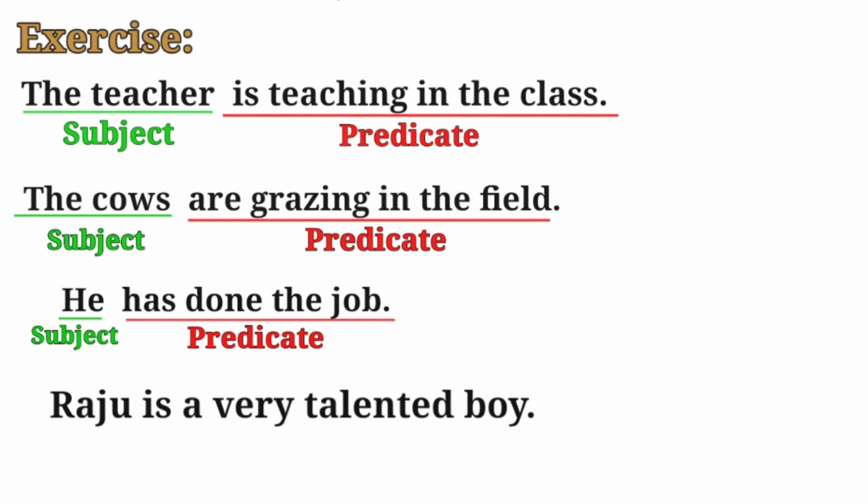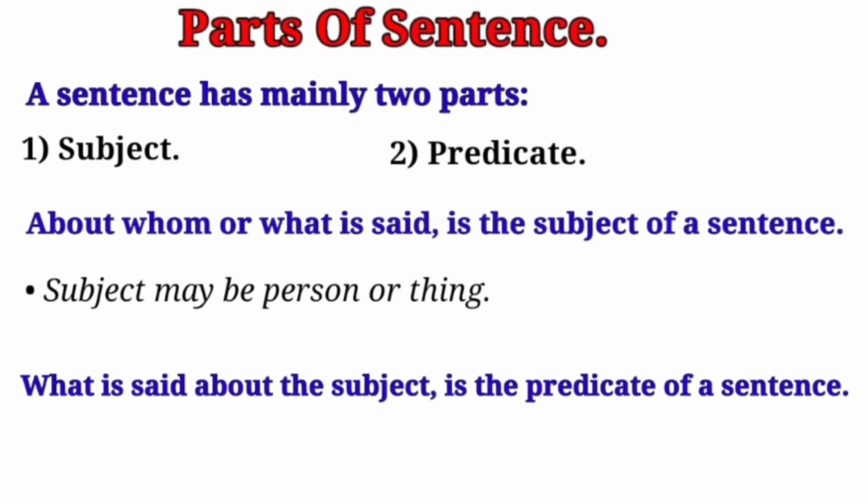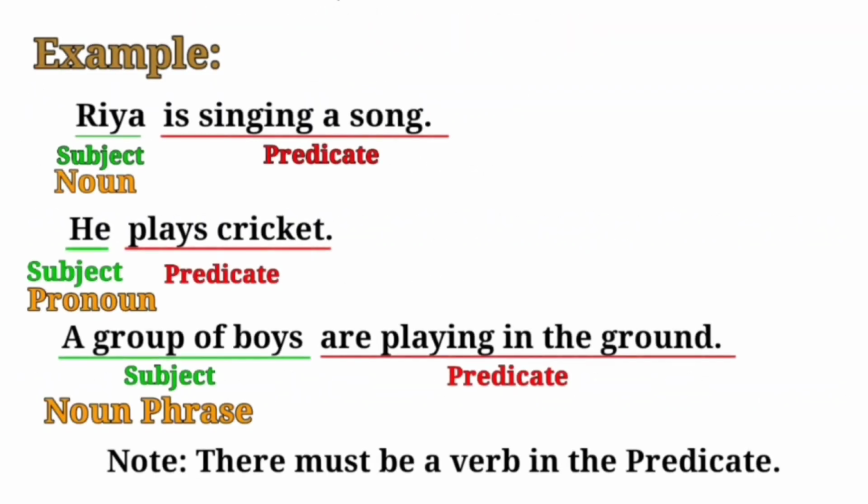So, in this video, we have learned a sentence has mainly two parts, subject and predicate. About whom or what is said is the subject of a sentence, and what is said about the subject is the predicate of a sentence. A subject could be a noun or a pronoun or a noun phrase, and there must be a verb in the predicate.